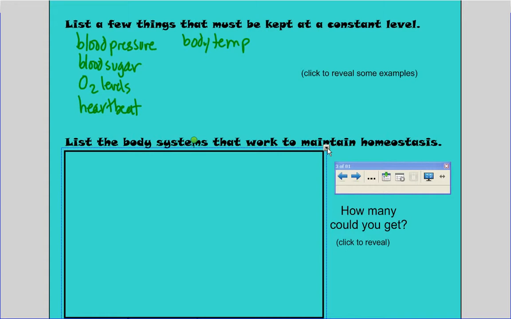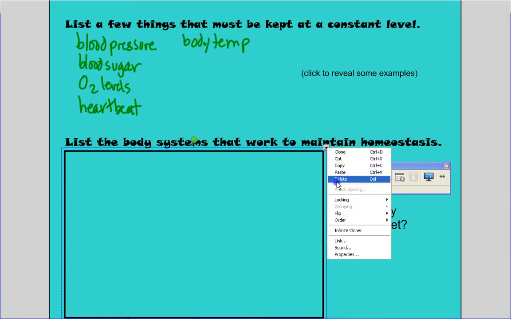What do they work together to be? Or what job do they have? Okay, so we have to digest our food. So one would be digestion, for instance. We have to get the things that we digest around to all the parts of your body. We have to get oxygen around to all the parts of your body and things like that. So we need a circulatory system and so on.